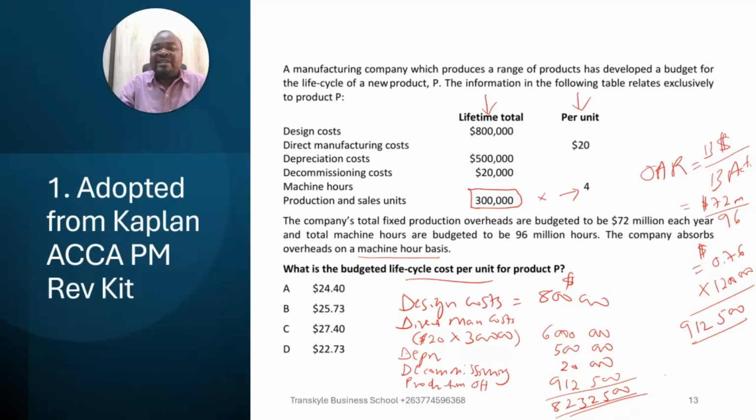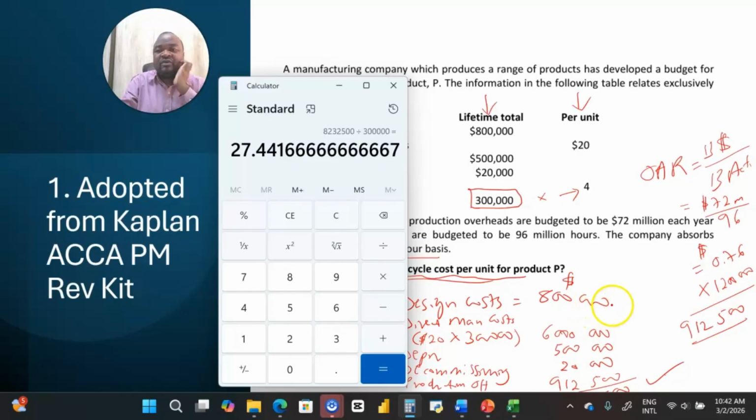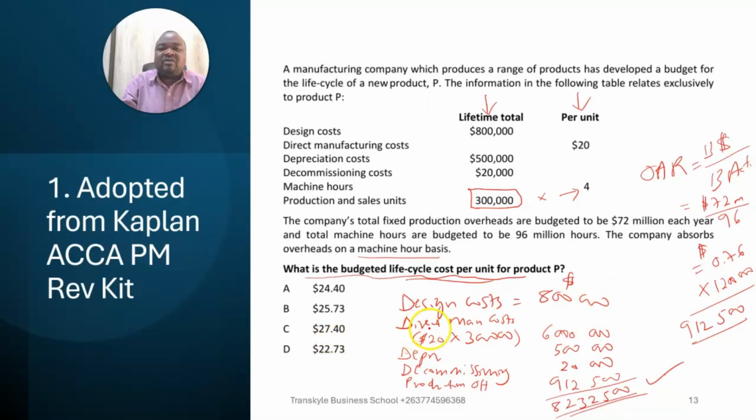But now we need to get the cost per unit, because the question is asking what is the budgeted life cycle cost per unit. So we take this amount, 8,232,500, divided by 300,000. We get 27.44.